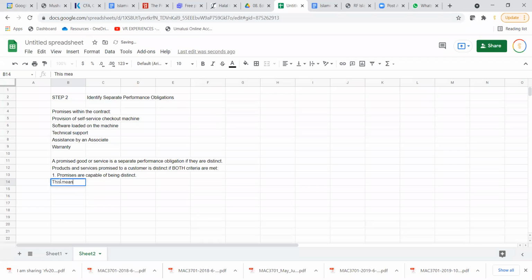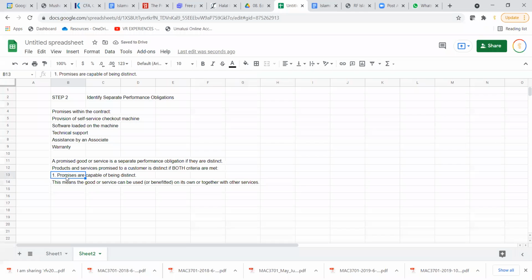This means the good or service can be used or benefited from on its own or together with other services. Okay, so basically the second point is just giving an explanation of what this means.